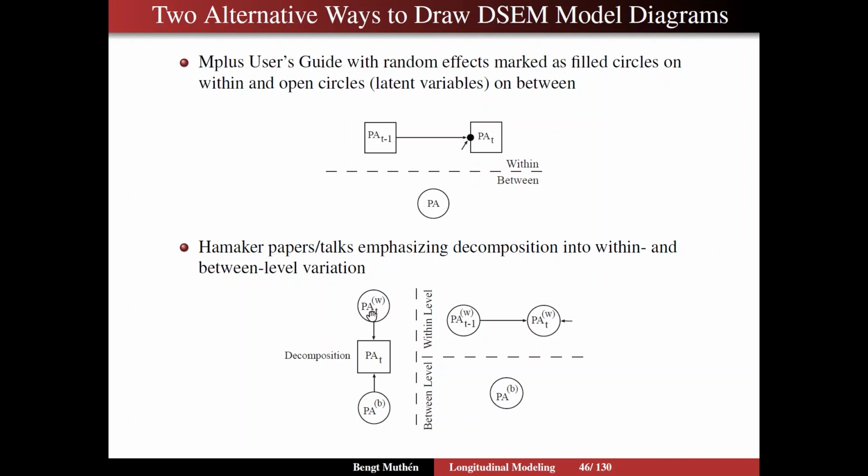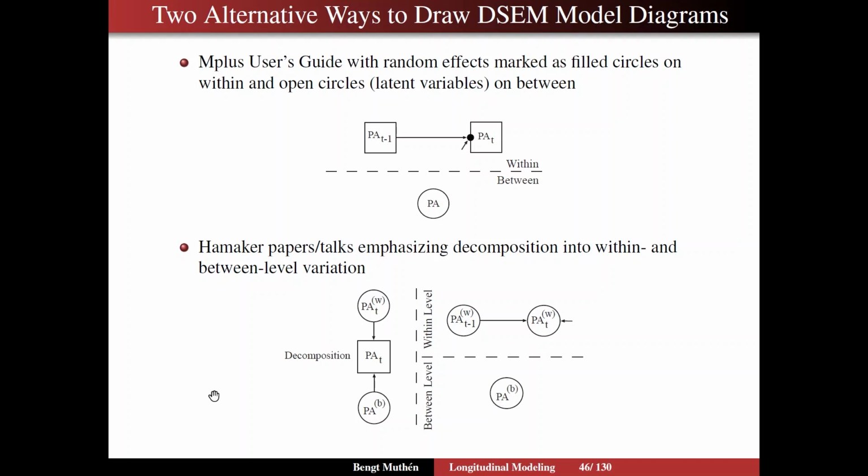The within part has subscript t, but the between part does not. It doesn't change over time. And then for the within part, she has a model, the same model, regression on within with a residual, drawn for the last time point, and then the between part like that.